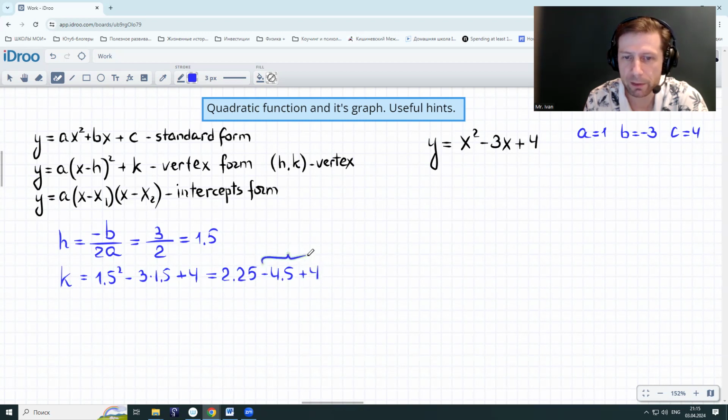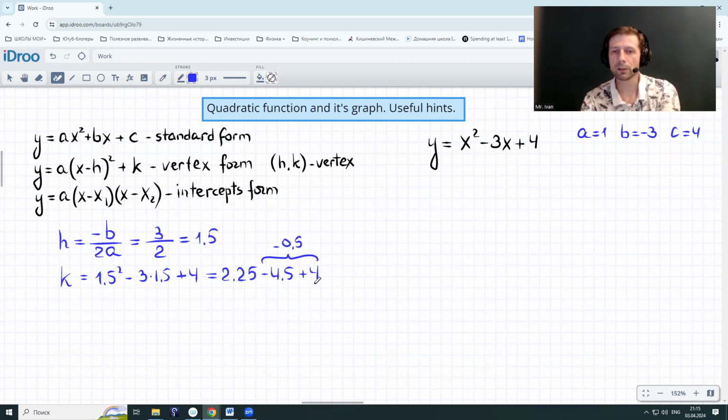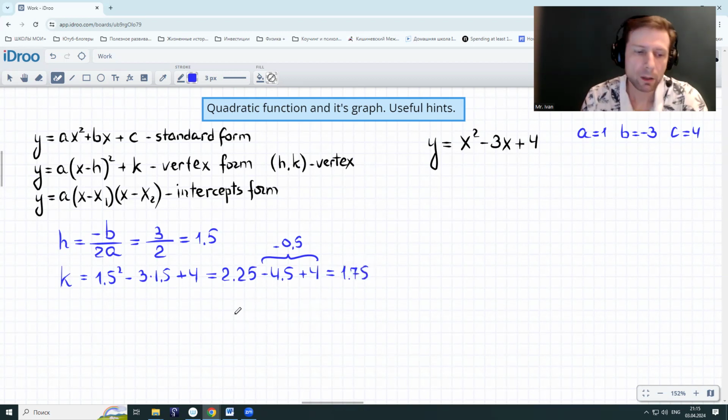So this becomes negative 0.5, right? And altogether, you get 1.75. Super.